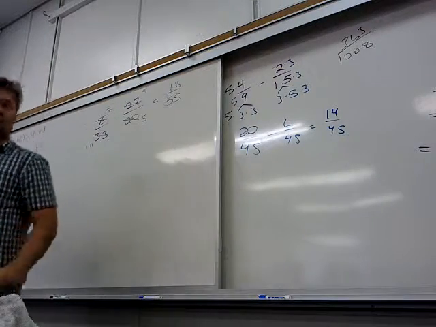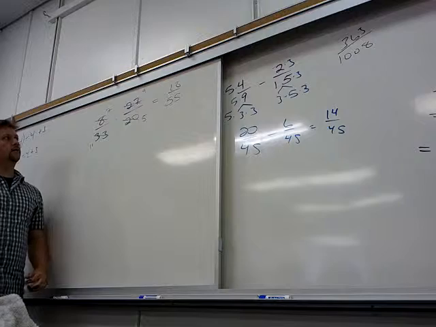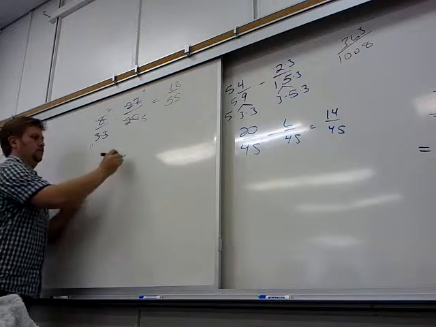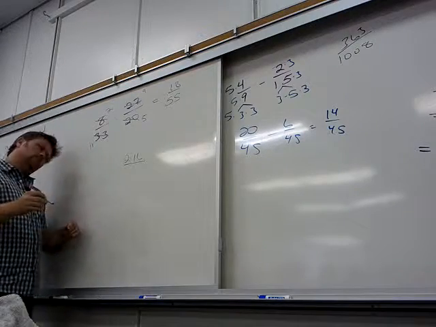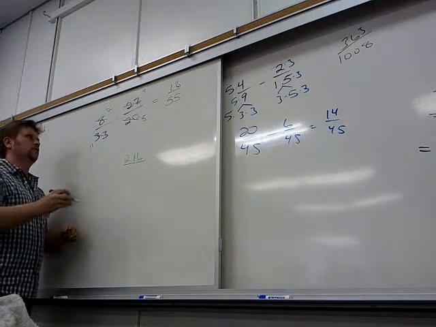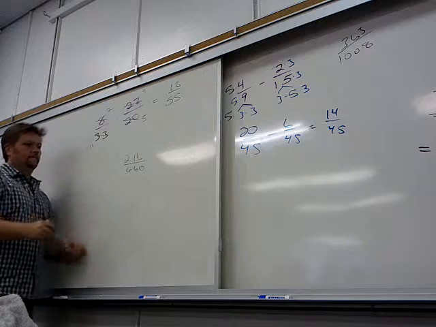For example, if you multiply across 20 cents times 8, that's 216, right? I think. 216? Yeah. And then divided by across, 20 times 33 is 660. Yep. And then now you can reduce.